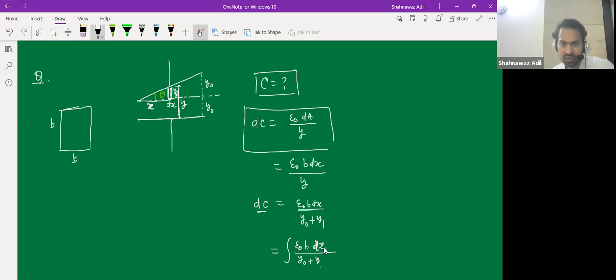Right, Shavez? Yes. But y1 is changing, right? Y1 is changing, but the integration is with respect to x. So we'll have to change this y1 in terms of what?